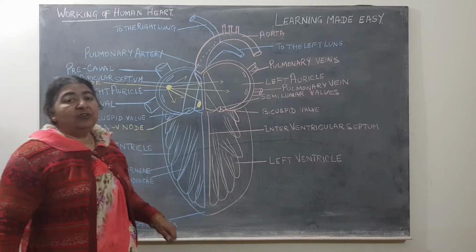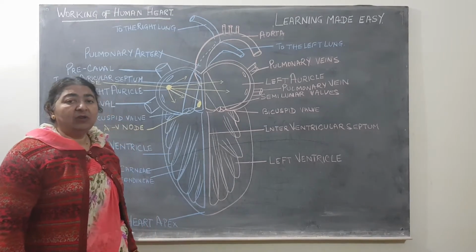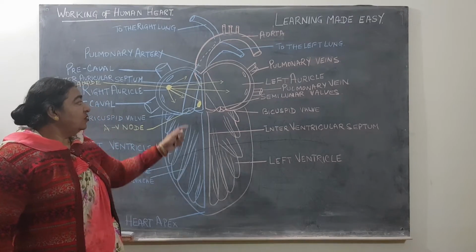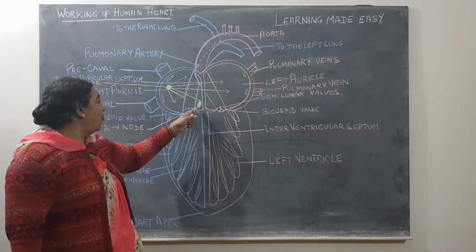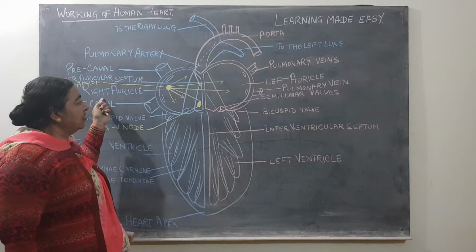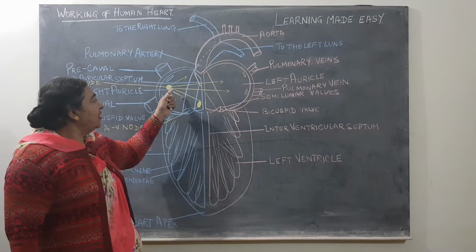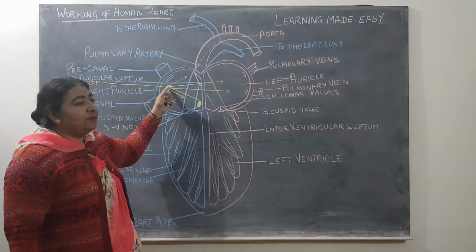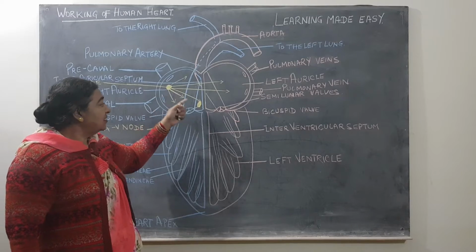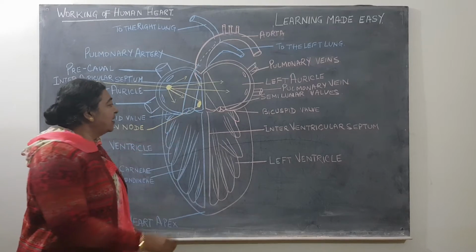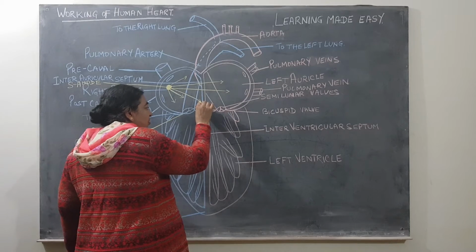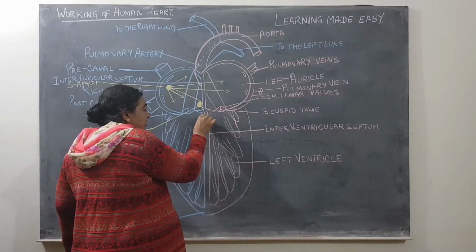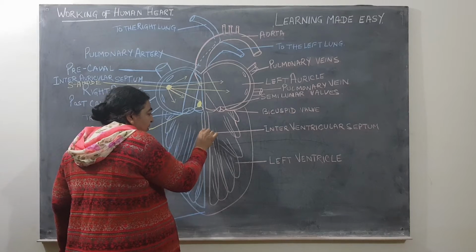The full form of AV node is auriculoventricular node. This node, which is present at the end of the right auricle, gets the wave of contraction from the SA node. This node contracts and sends the waves of contraction to the bundle of His.